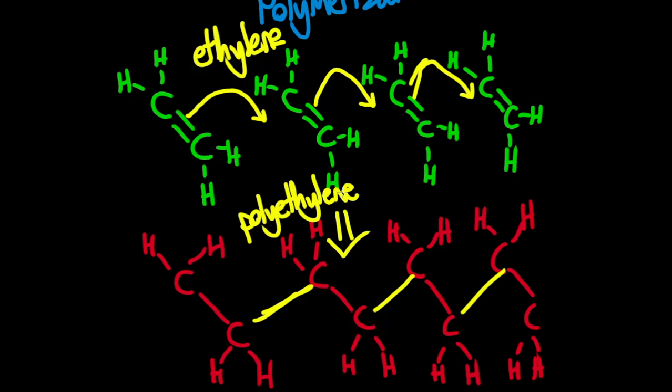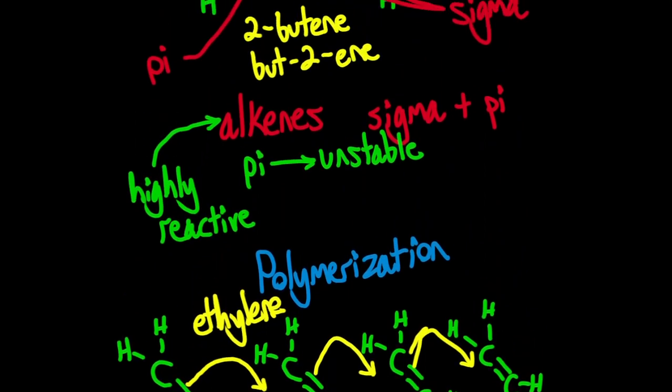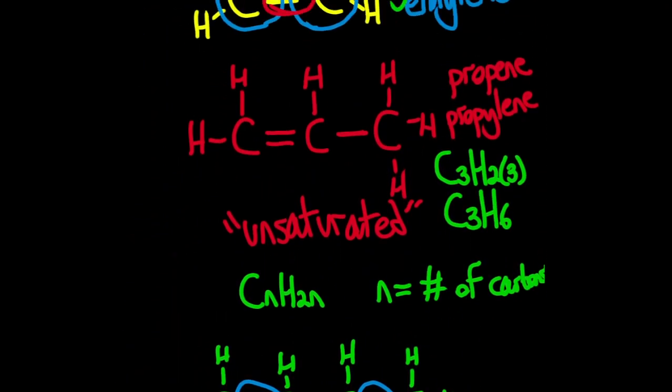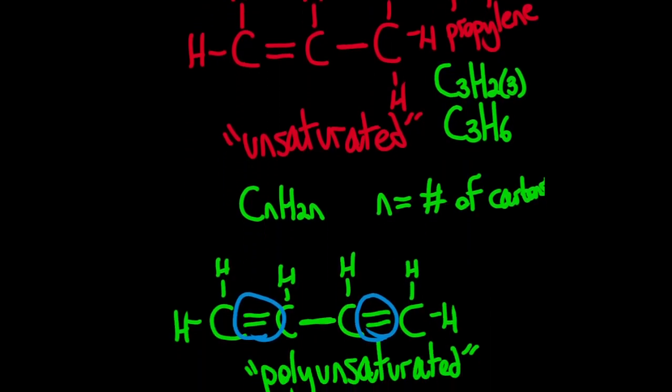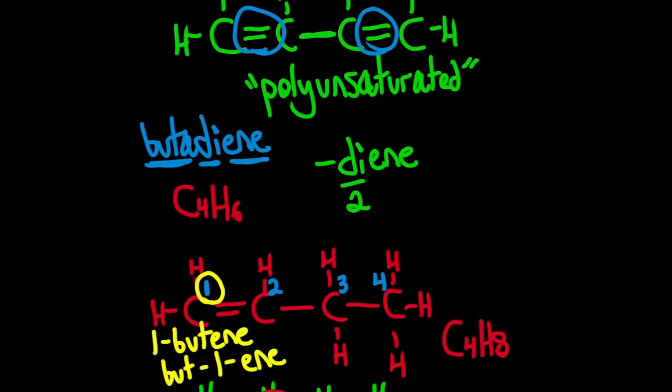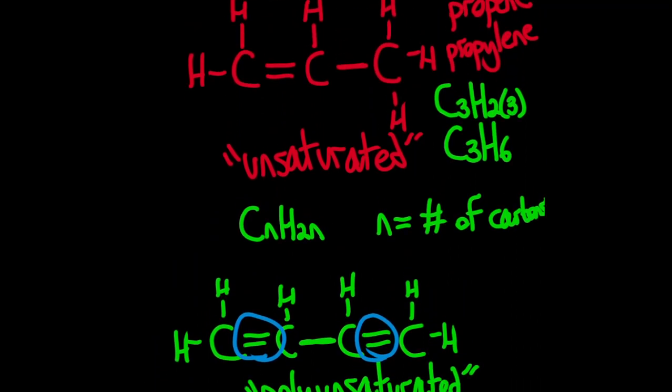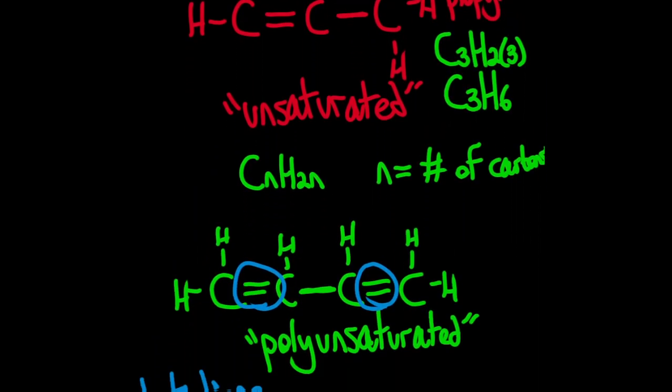All right, so if I do have something that does have a double bond in it, like butadiene or 1-butene or propylene or anything like that, in a container, I need to be monitoring the temperature of that container, okay?